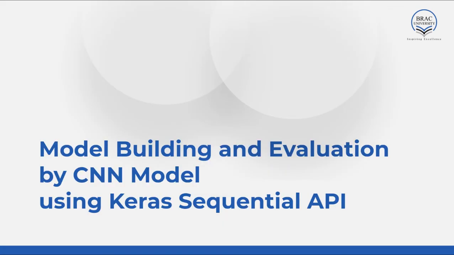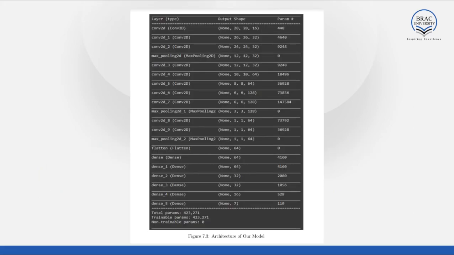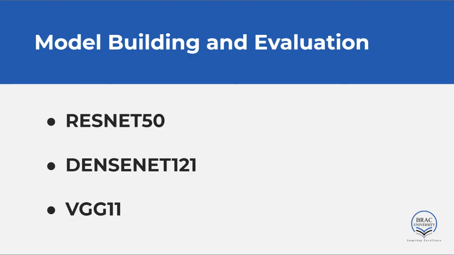Our CNN model was built using Keras Sequential API and we trained it on our dataset. This is the architecture of our model. We have also used three other pre-trained models: ResNet 50, DenseNet 121, and VGG11.